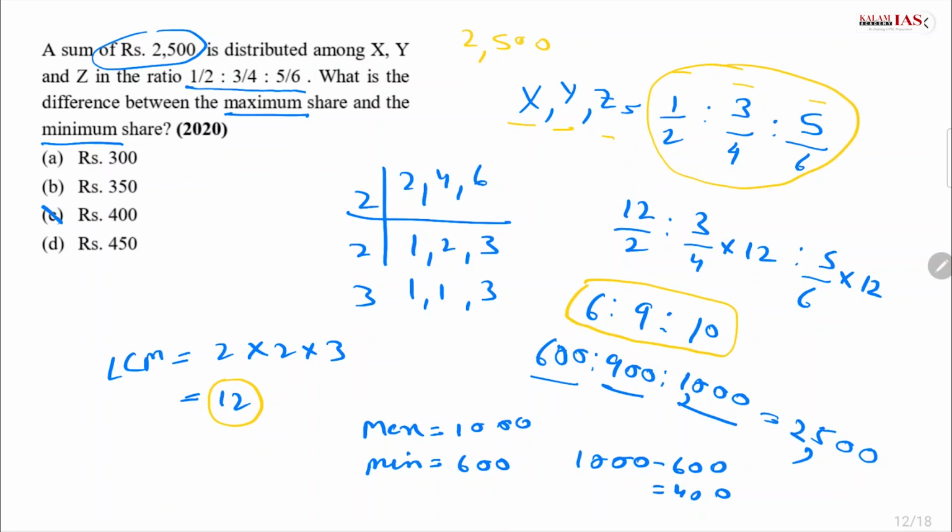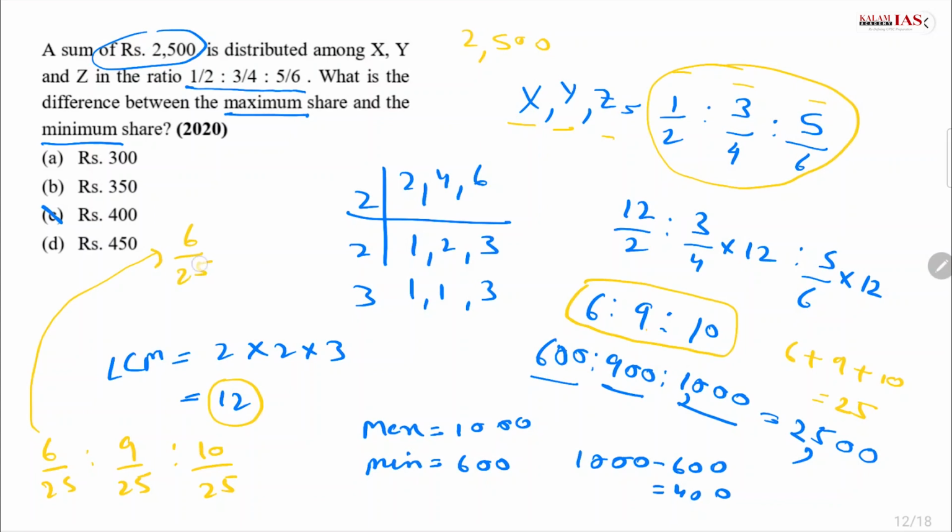Another way of doing this is to divide these numbers by their total summation. That is, the total summation of 6 plus 9 plus 10 is equal to 25. Dividing all by 25, we get 6 by 25, 9 by 25, 10 by 25, and now multiply with the total amount, that is 2500.